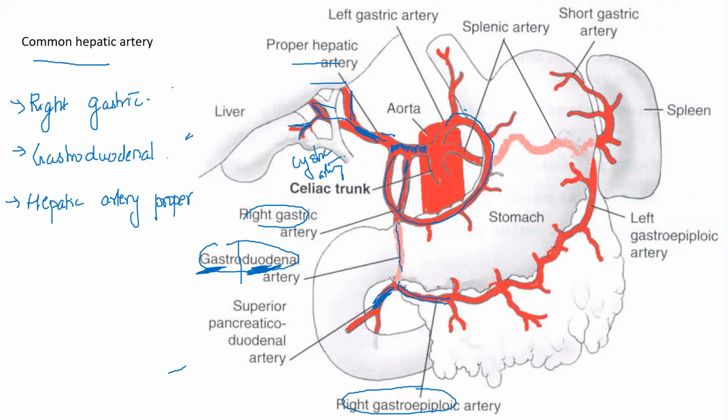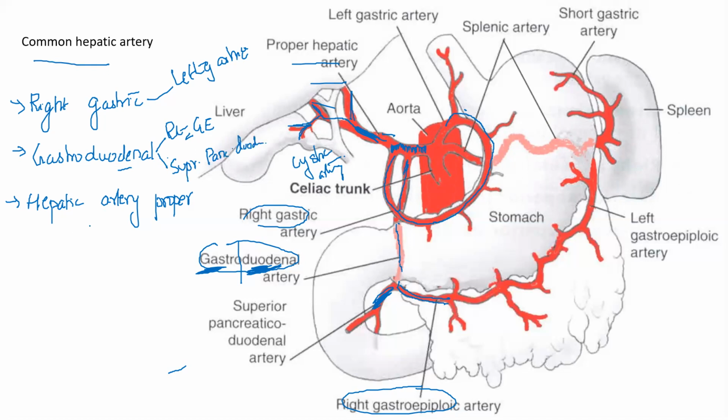It anastomoses with the left gastric artery within the lesser omentum, isn't it? What is happening to the gastroduodenal artery? It's splitting into two branches. The right gastroepiploic artery, which anastomoses with the left gastroepiploic artery within the greater omentum attached to the greater curvature of the stomach, and the superior pancreaticoduodenal artery.